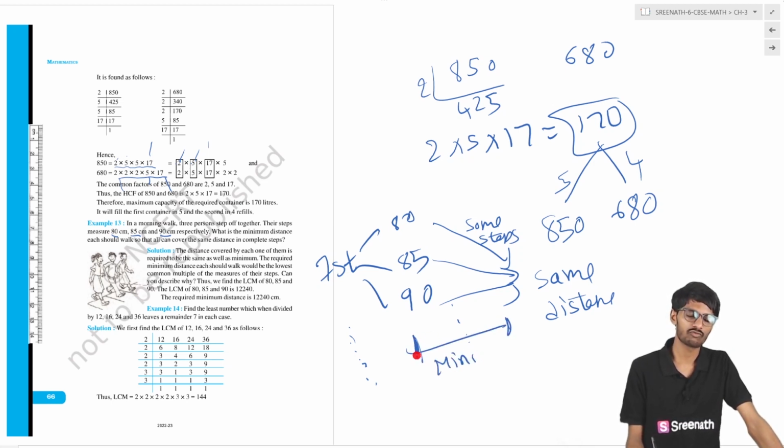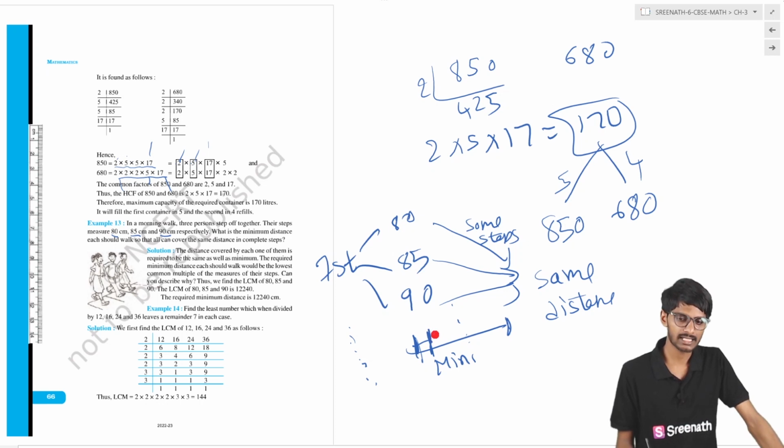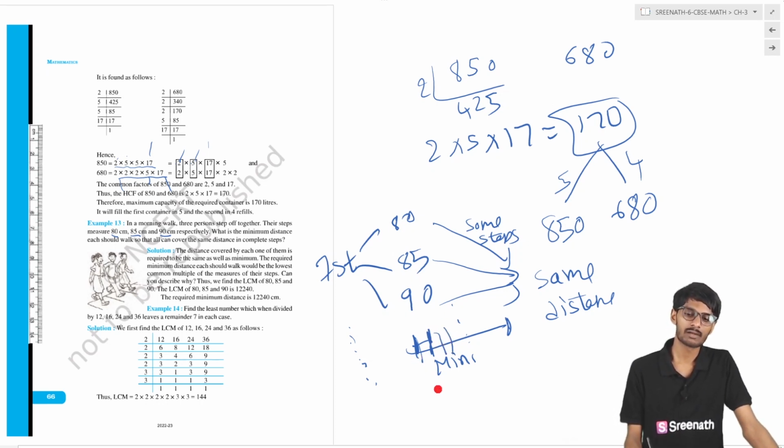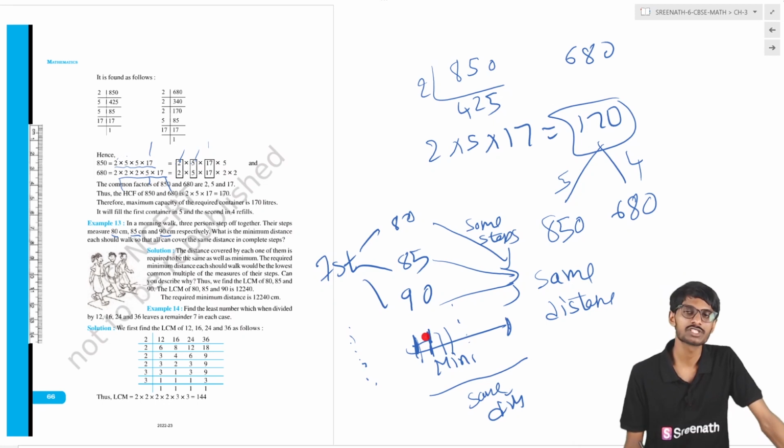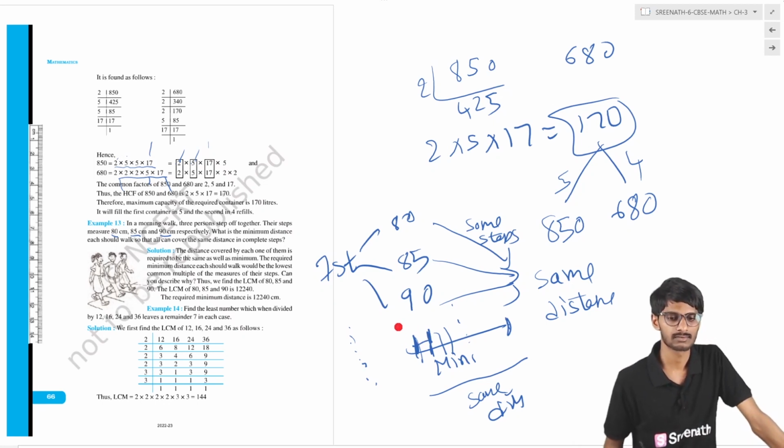They have started from one point and taken one step. For one step, one has covered 80 centimeters, another 85, another 90 centimeters. So the minimum distance they have traveled is the minimum distance at which all three will cover the same distance.